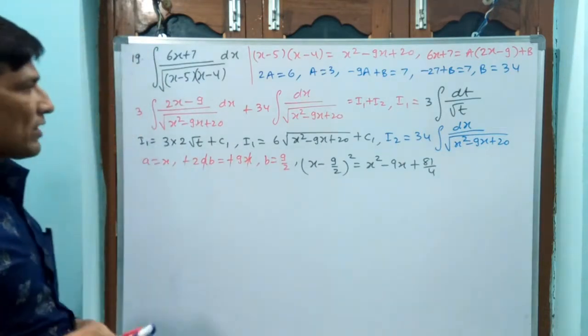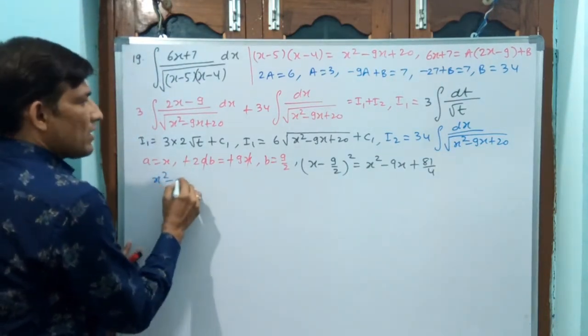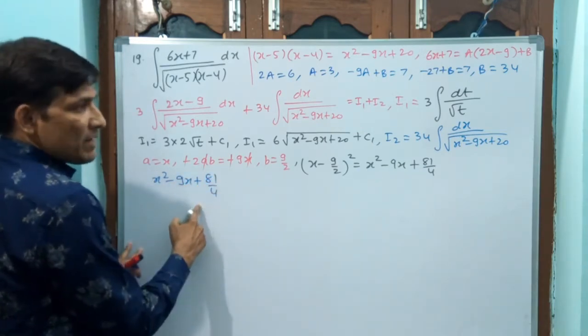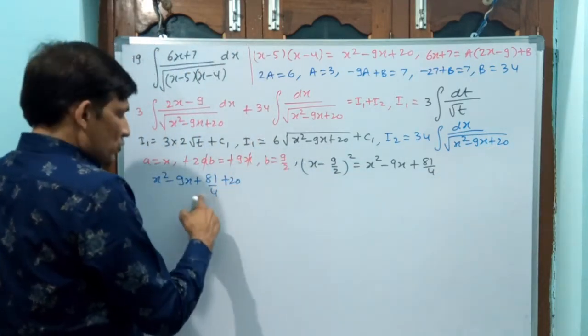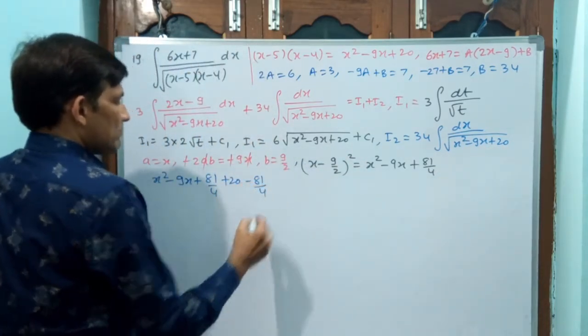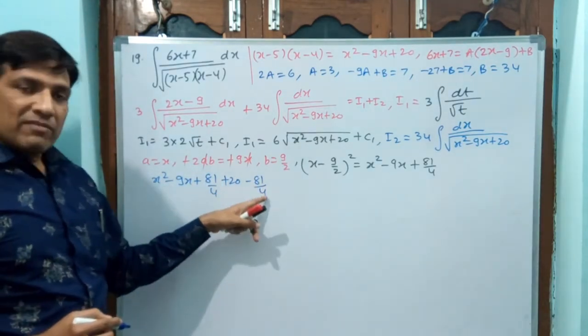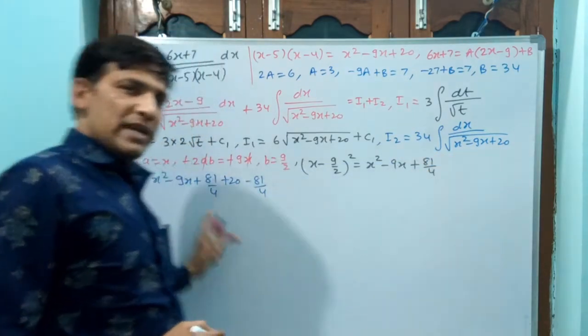You write how you are compensating. You see, x square minus 9x plus 81 by 4 is there, but you require 20. Then you write again plus 20 and remove this minus 81 by 4. You understand now? 81 by 4 minus 81 by 4 gets cancelled. X square minus 9x plus 20, you require that much only, and it has come.